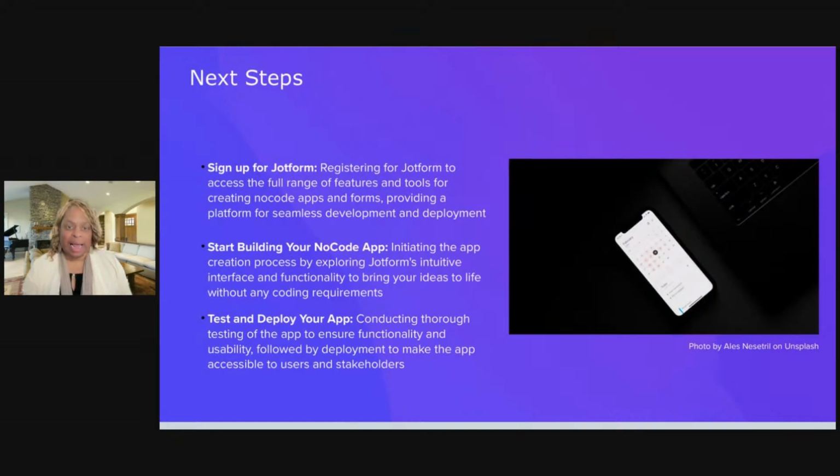So some next steps. Well, as I said, I wanted you to sign up for Jotform. Registering gives you access to the full range of features and tools for creating no-code apps and forms. So you can actually create an app today when we go there in a few minutes, so you can get started. And then you want to start building your no-code app right away.